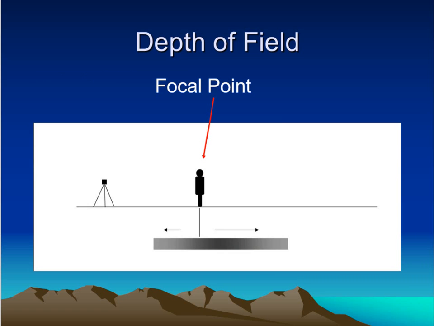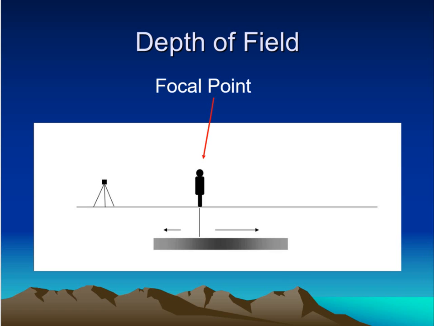This is a rough chart for the most part, but there's the camera, and it's focused on the person standing there. The point where you focus, where your autofocus point hits a subject and focuses on them, is called the focal point. Then there's an area in front of them and an area behind them that is in what's called that acceptable focus.